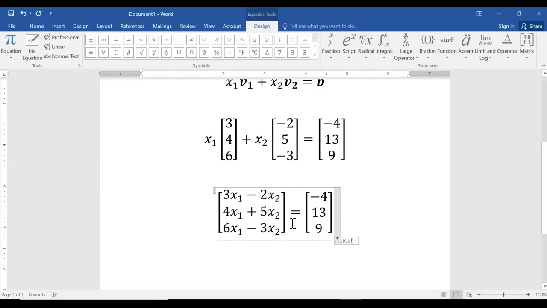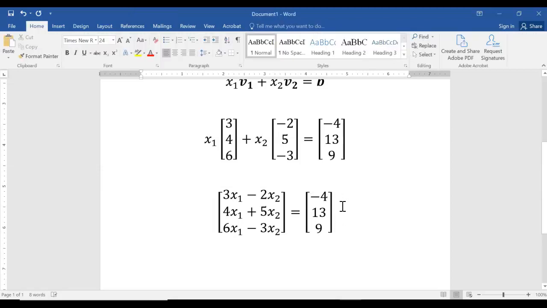Now remember, order is important. If these two vectors are equal, the first entry over here has to match up with the first entry over there, which gives me a single linear equation, specifically that 3x1 minus 2x2 has to be equal to negative 4.